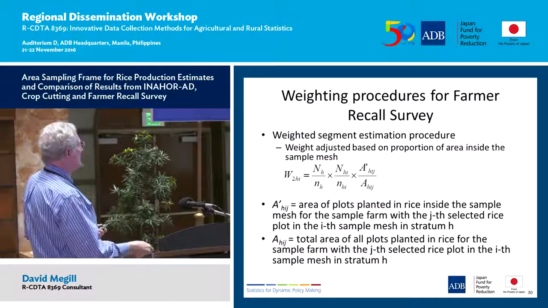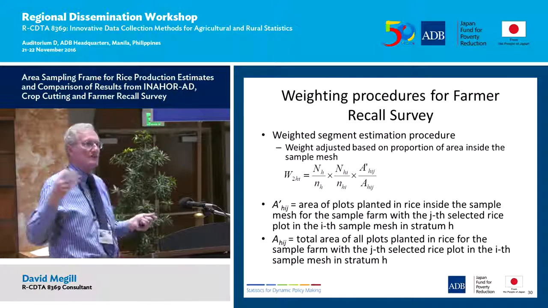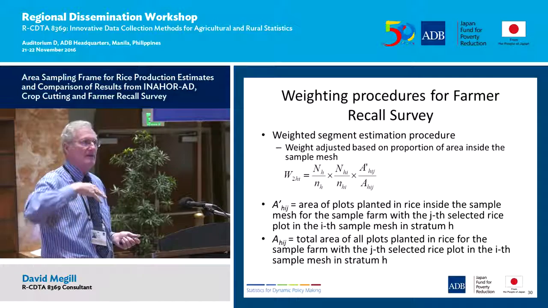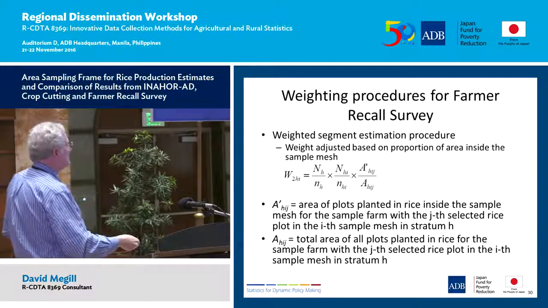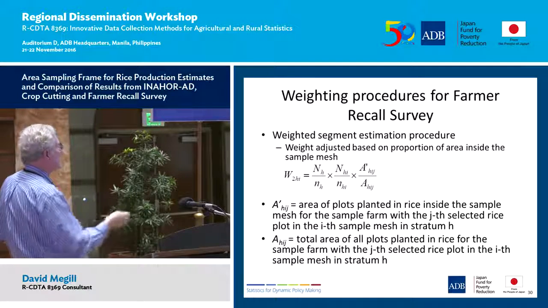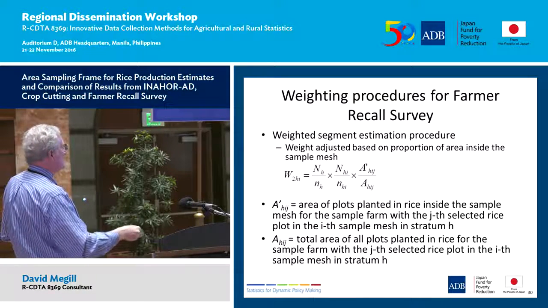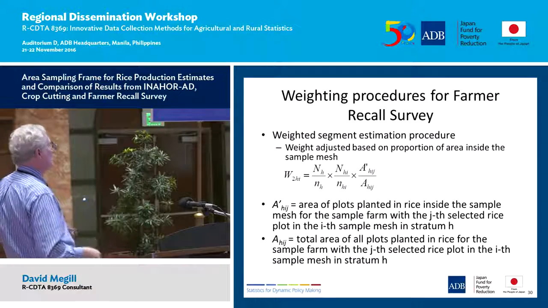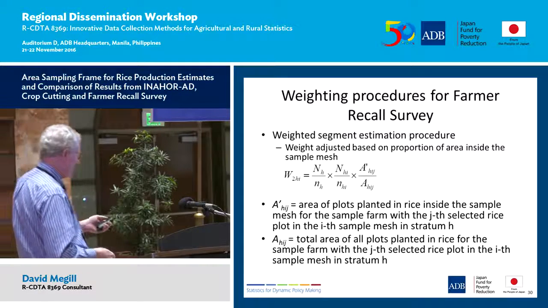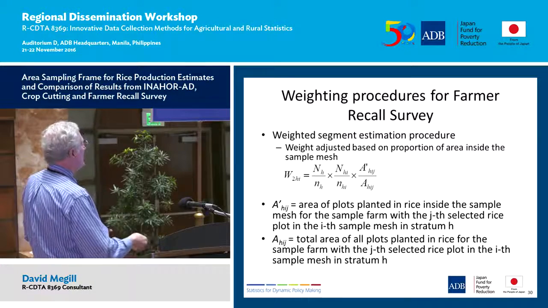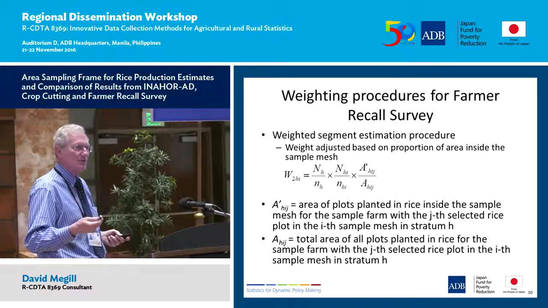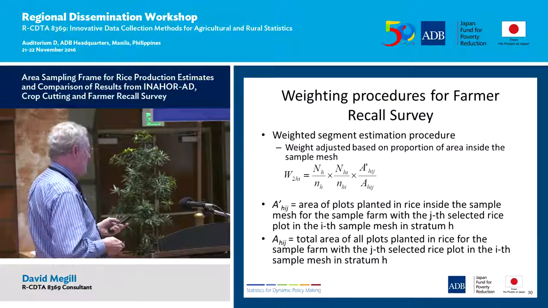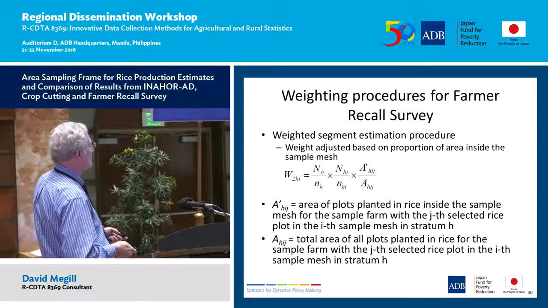And the denominator is the area of all plots regardless of where they're located. They may be located entirely outside the mesh, okay? So anyway, this weight is based on the probability of the farmer being selected for the survey. And this is what we call the weighted segment estimation procedure that I mentioned before that's used for open area segment approach.